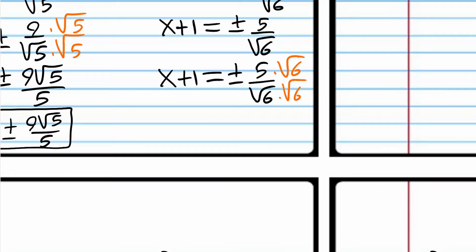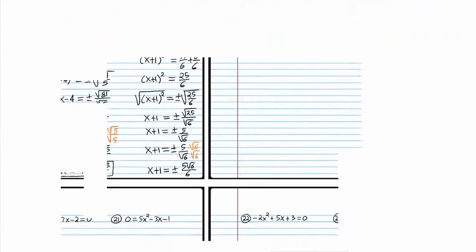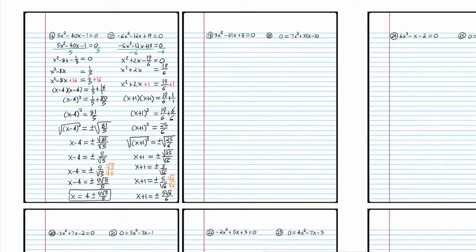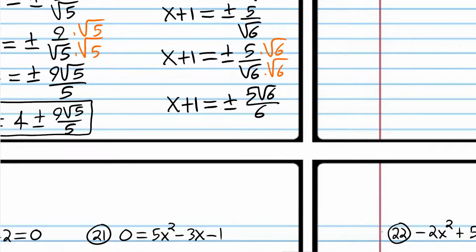And then we get x plus 1 is equal to plus or minus 5 root 6 over 6. And now we just have to write the final answer. Sorry, I'm kind of running out of room here. And the final answer is negative 1 plus or minus 5 root 6 over 6.